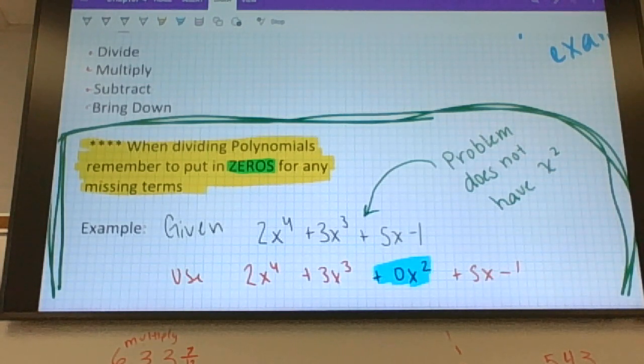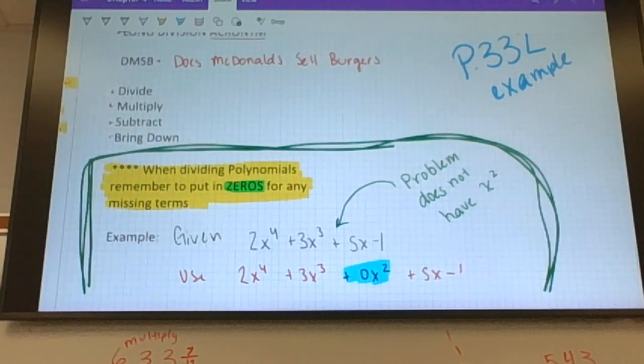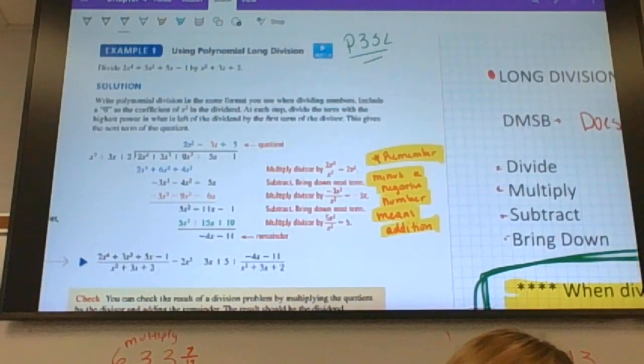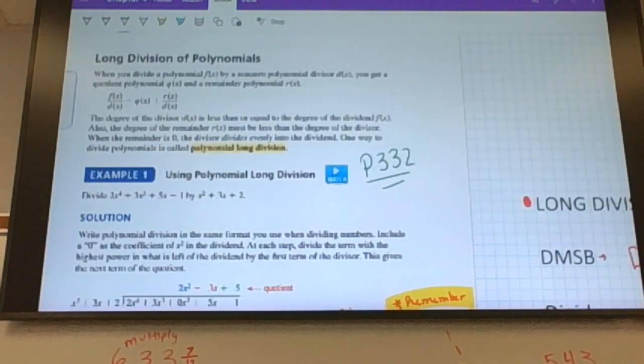All right, page 332. Of course, it's blurry.